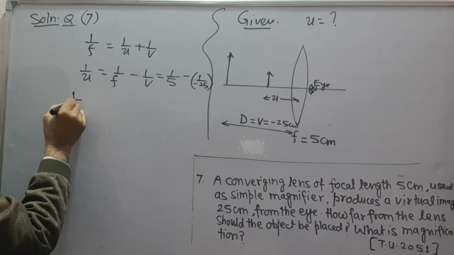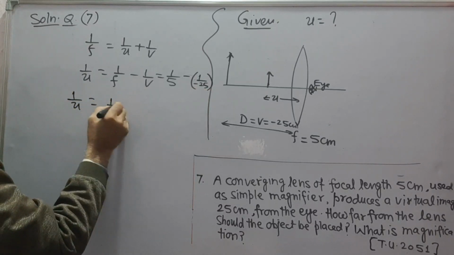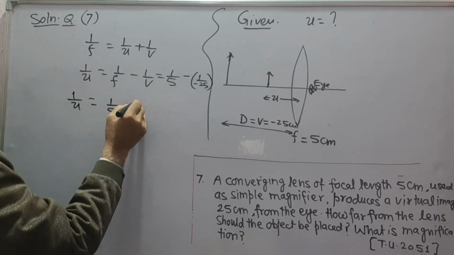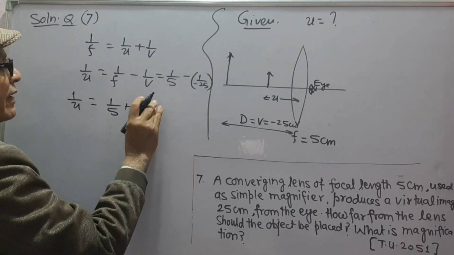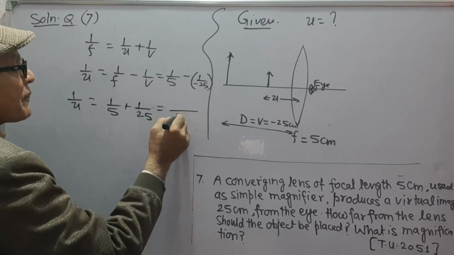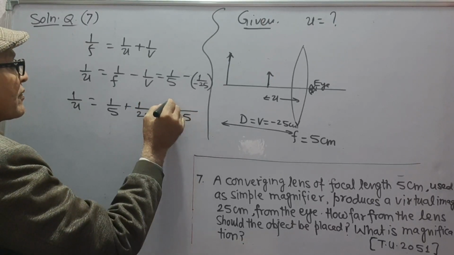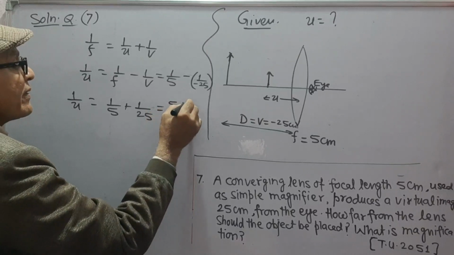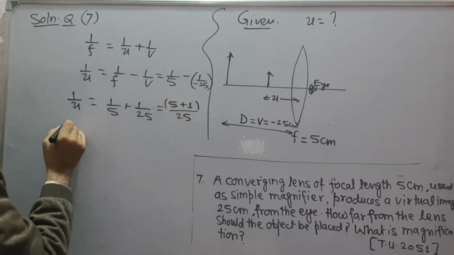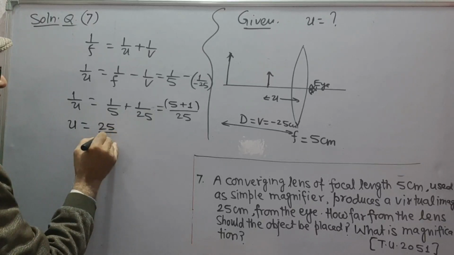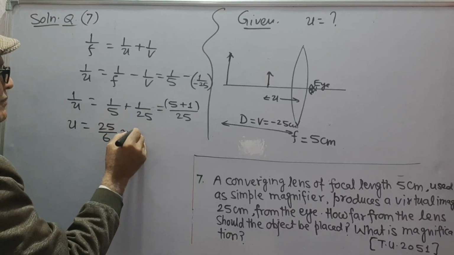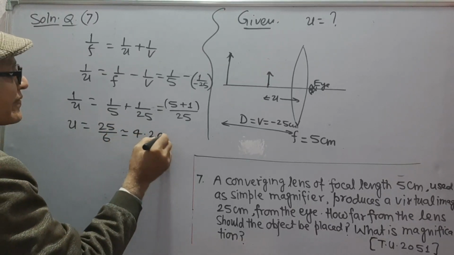So 1 upon u comes to be 1 upon 5 plus 1 upon 25. LCM is 25. 5 plus 1. So u is 25 upon 6, which is nearly 4.2 cm.